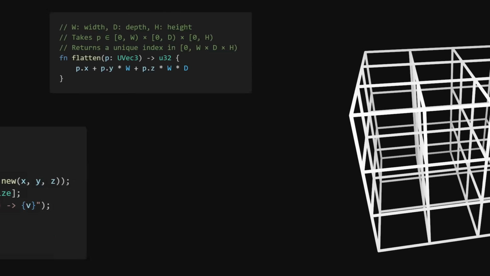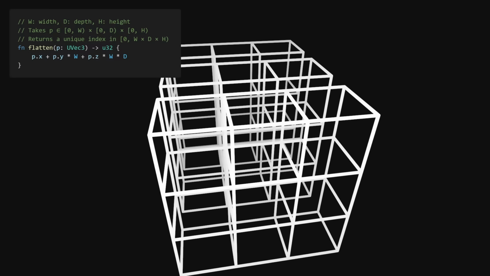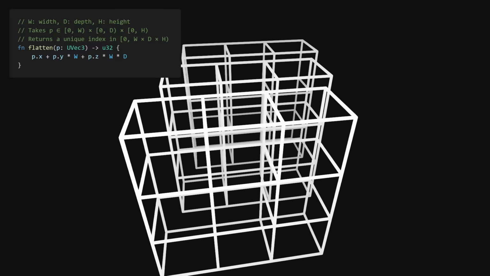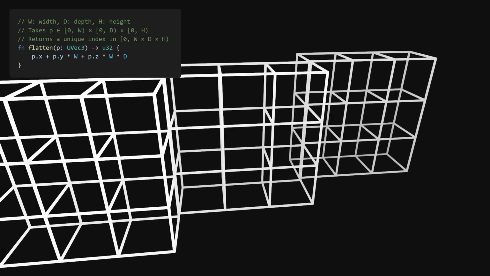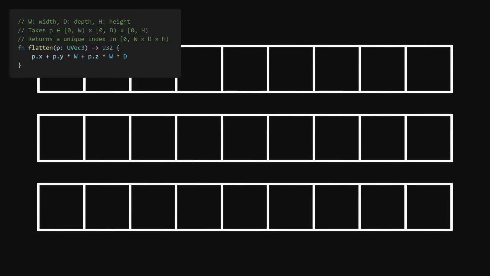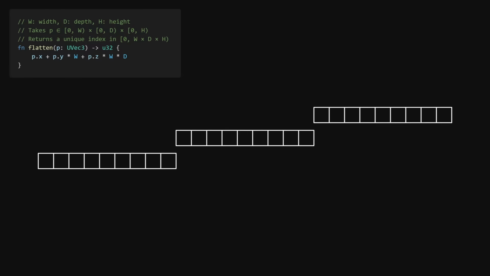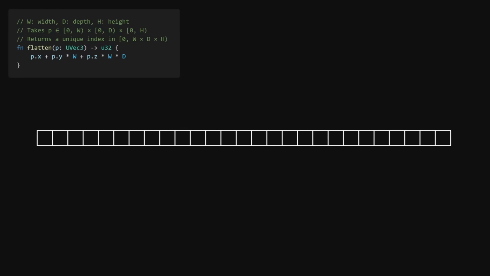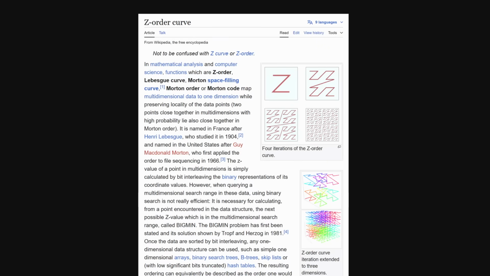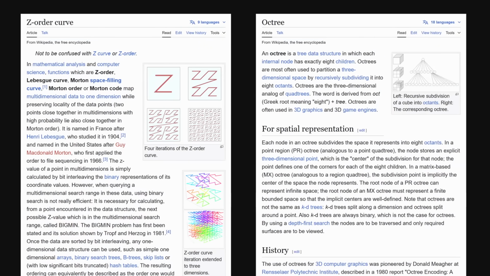You can think of this function as taking each layer along the y-axis and placing them side by side along the x-axis, and then taking each row along the z-axis and placing them end to end. There are other methods that preserve spatial locality better to improve memory performance, or ones that compress the voxel data to use less memory overall, but I'll talk more about those towards the end of the video.